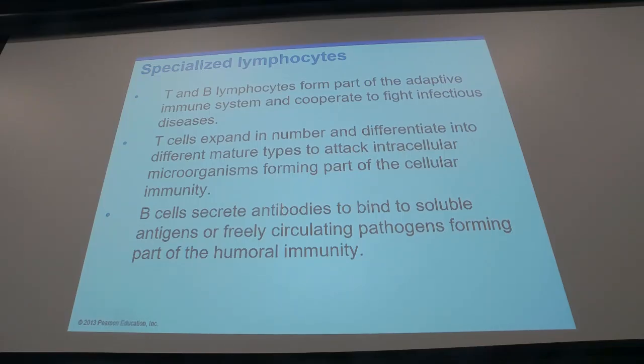So in adaptive immunity, we have a type of immunity that's called humoral and a type of immunity that is called cellular.